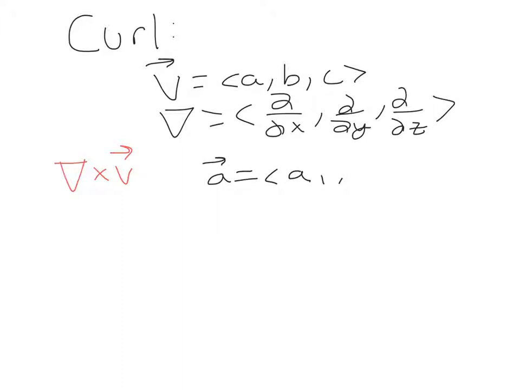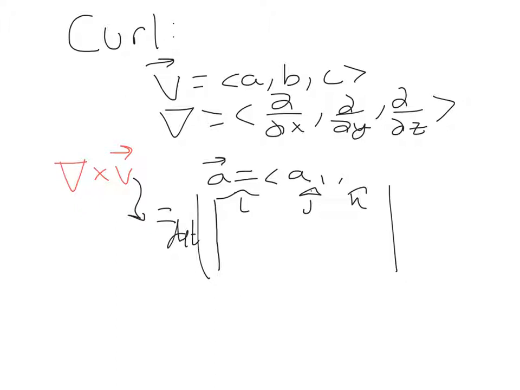So del cross v will equal the determinant of the matrix I, j, k are your components as you write them in, partial x, partial y, partial z, a, b, c.